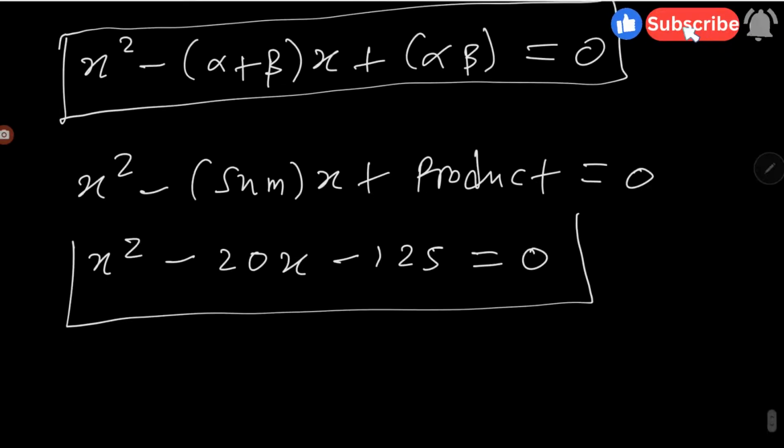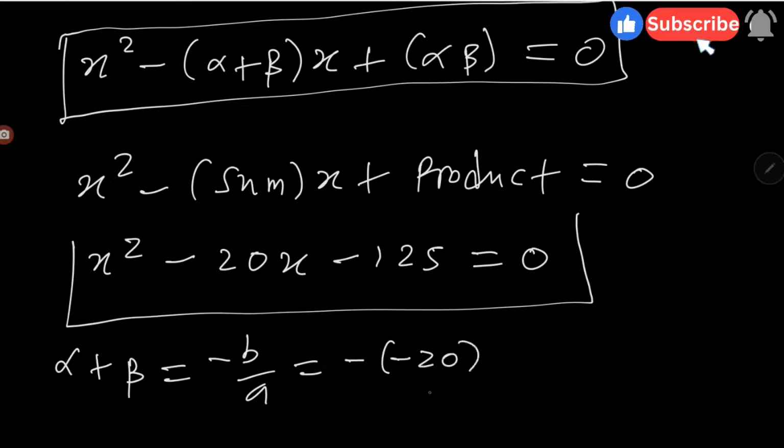So the same thing, we can prove that if we find the sum of this equation, we know it's minus b over a. We're going to arrive at the sum that we found earlier. So we have minus of b, our b here is -20, over a, which is 1, and we'll have 20.